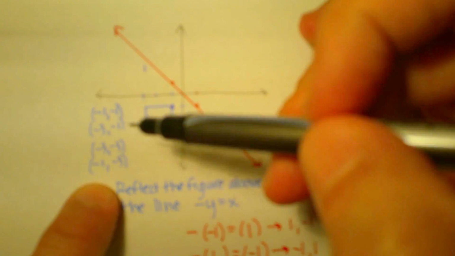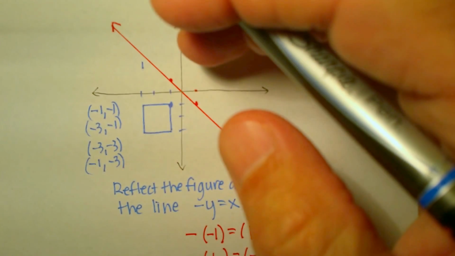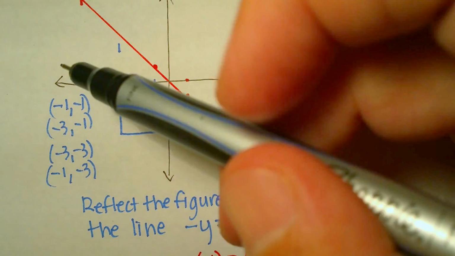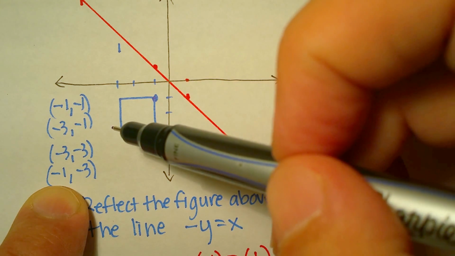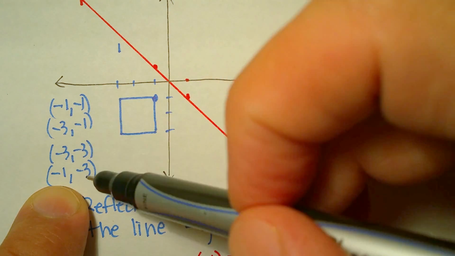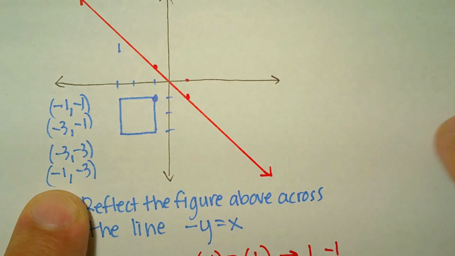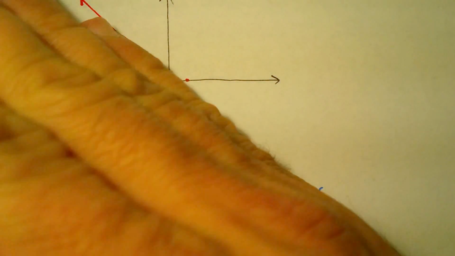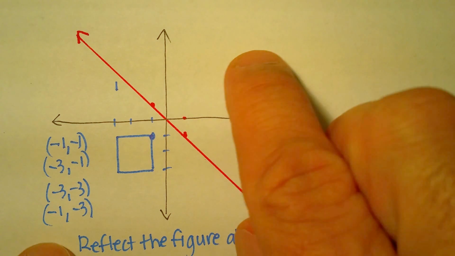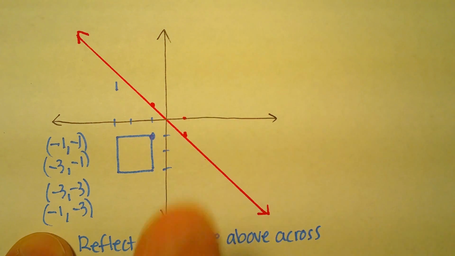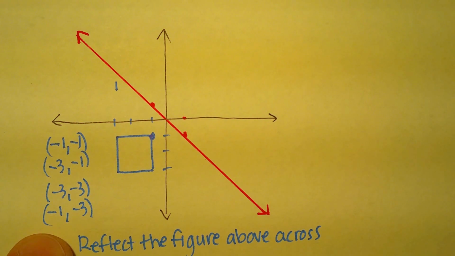What do you notice about all the vertices down here? You'll notice that it's in the quadrant negative, negative, right? And sure enough, all of these are negative, negative. So when I take this figure and reflect it across this line, it looks like it's going to end up in the positive quadrant, doesn't it?